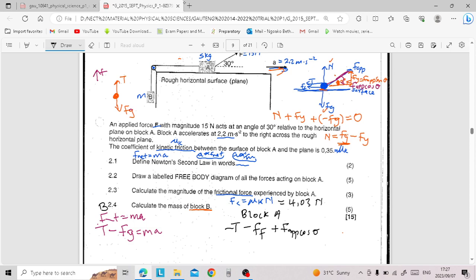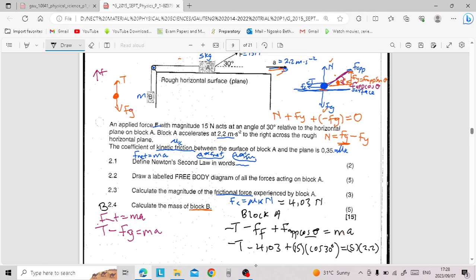The force is applied at an angle so we convert with cos of theta, equals MA. So we have minus tension, then the frictional force we calculated, minus 4.03, and then plus 15 cos of 30 degrees equals the mass of block A, which is 5, into the acceleration, which is 2.2.